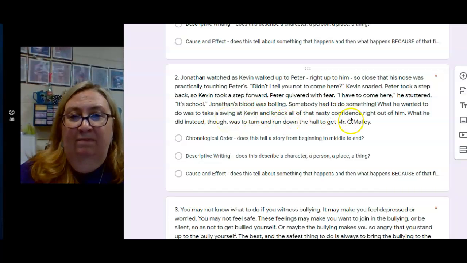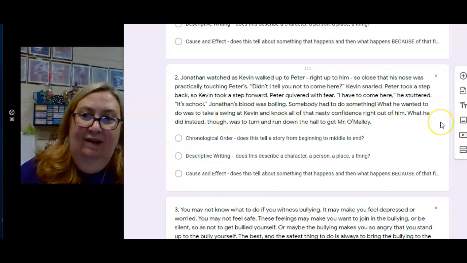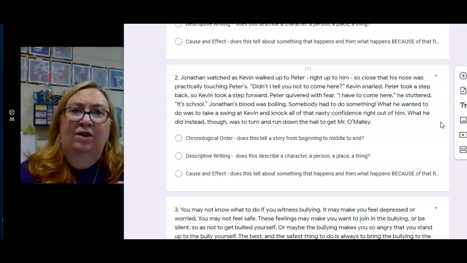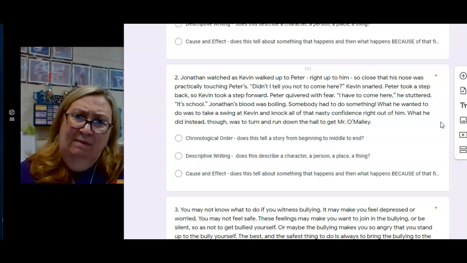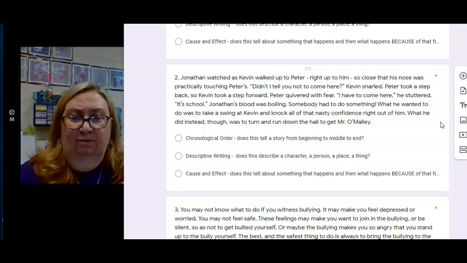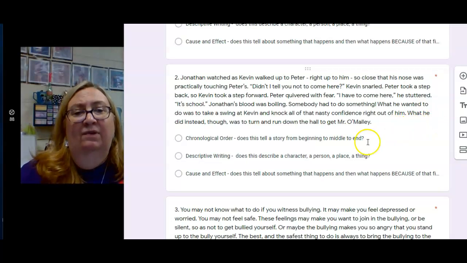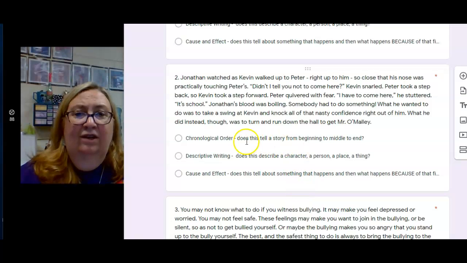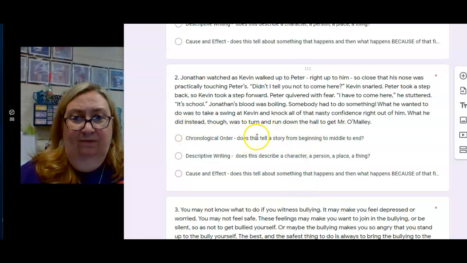But then does it tell me what happens after that and after that? It doesn't give me the chain reaction. So while it's a good beginning for what might be cause and effect, I feel like we get more of a story that's happening as the progression of time here. So I feel like the best answer is going to be chronological order. We don't know enough to call it cause and effect. So we're going to choose chronological order for this one.